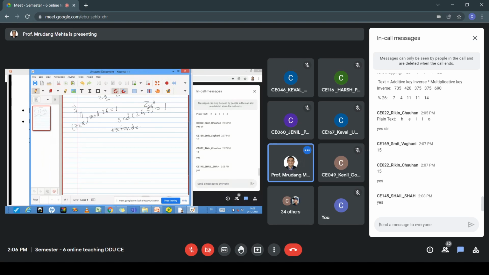We can apply the extended Euclidean algorithm, just as we have seen in the earlier class, right? So we have to apply the same on 26 and 7. Then this is our r1, r2, r, t1, t2, t, and q, right?